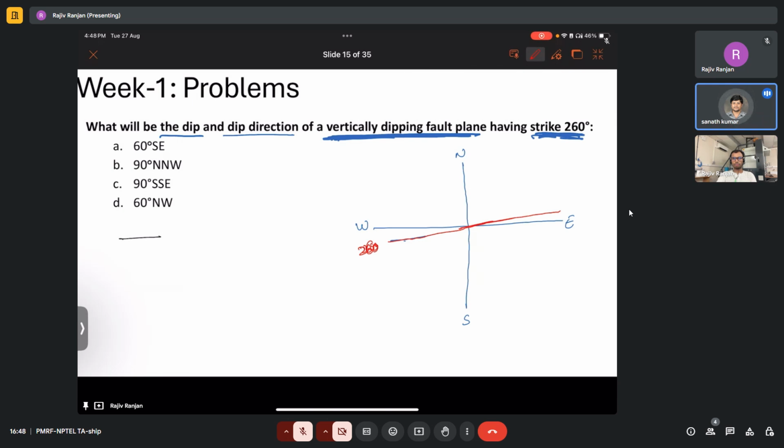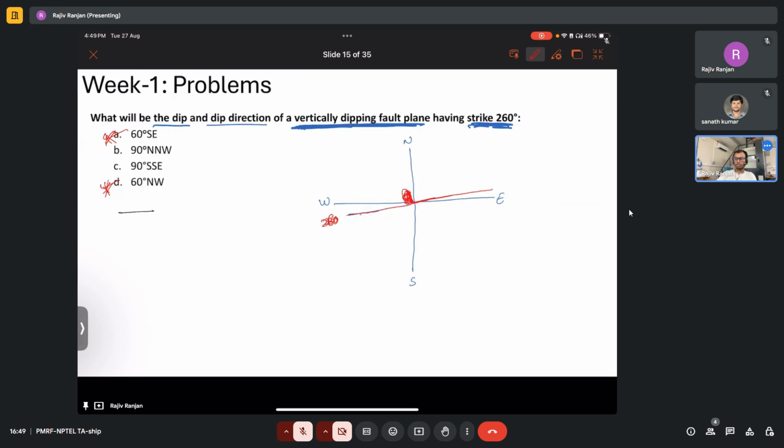It is 60 degree southeast and 60 degree northwest; these are the two directions it is possible. Simply, option A and option D are wrong, so in the very first step you can negate these two options.